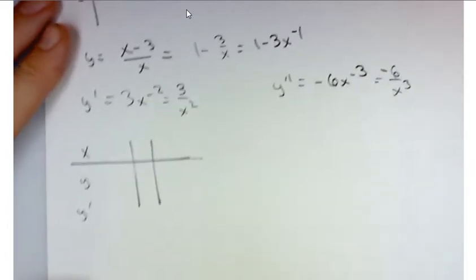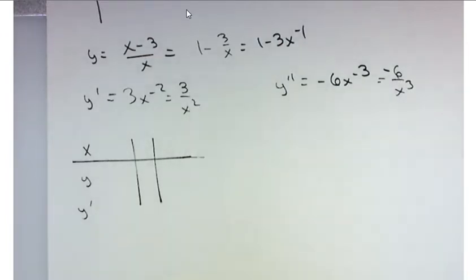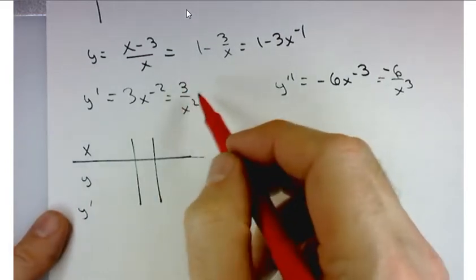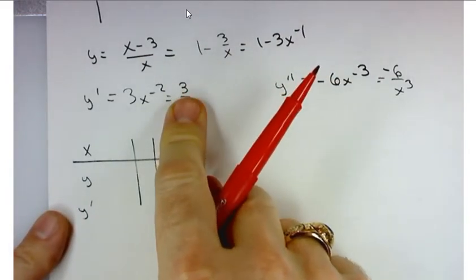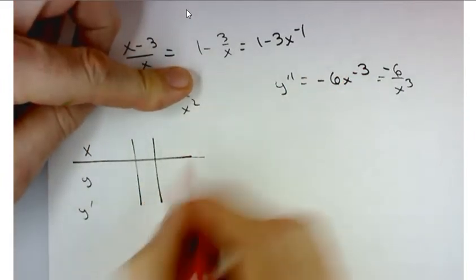Where's the one place where the denominator could change sign? It doesn't necessarily have to change sign. Where could the derivative change sign? Well, the numerator is always positive, right? The denominator could change sign at 0, although really it doesn't.